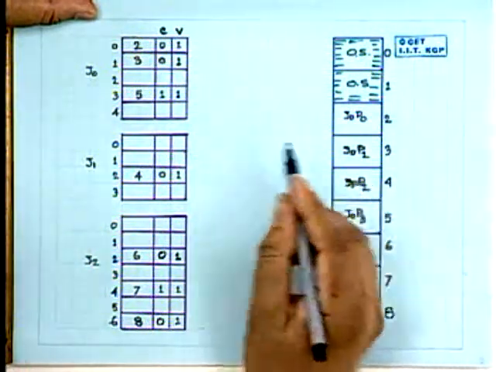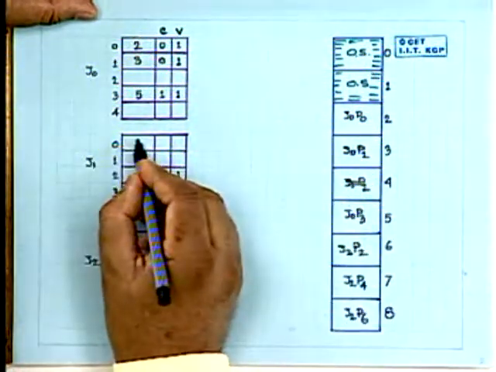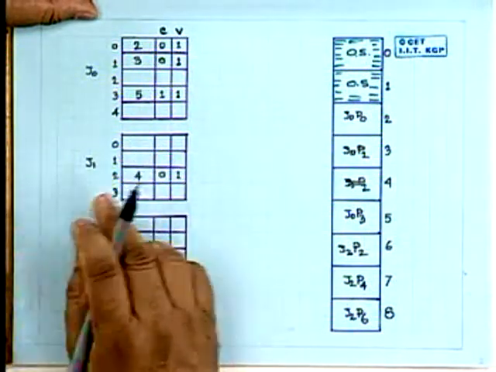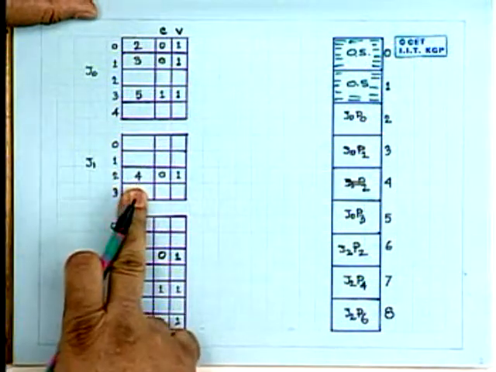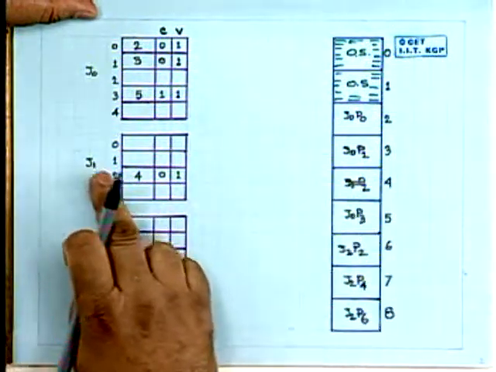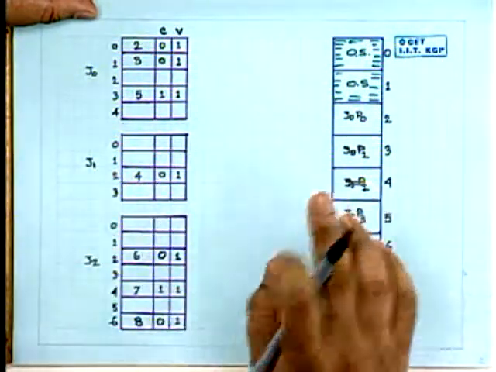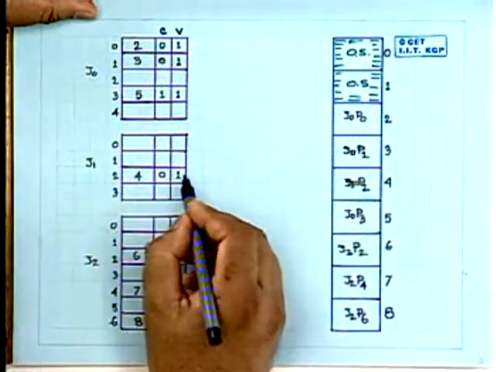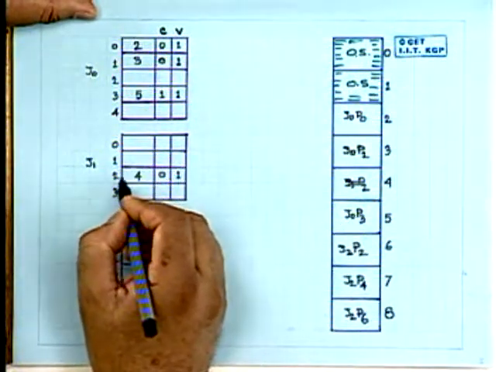We swap it out. This was only J1 P2, the only page of J1 here. Anyway, for example, we decide to swap out this page.